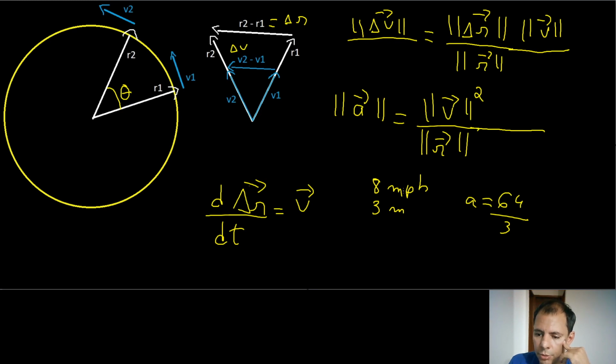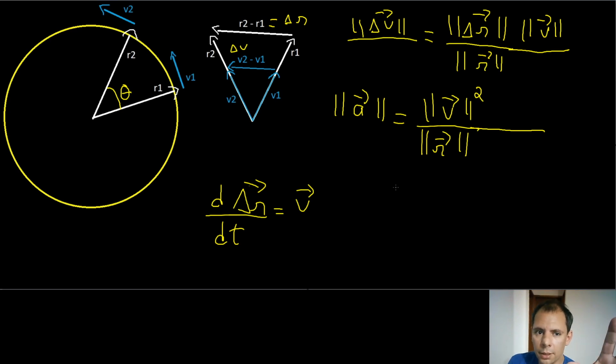Because you're using miles an hour here, it's going to be the acceleration in miles per hour squared. And that's it. That's how you calculate the centripetal acceleration. The formula, just to make it easier, when you just care about the scalars and not all this vector stuff, is just to prove the scalar formula.